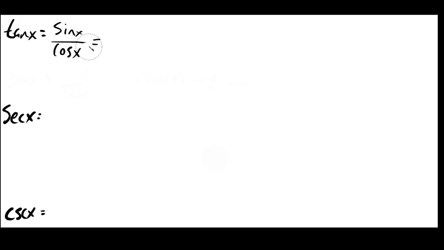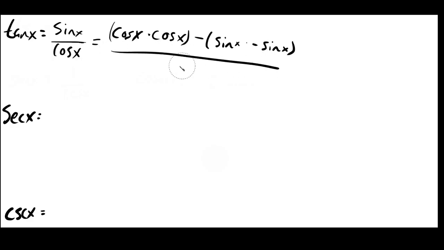Okay, so it's a fraction, so you're going to use quotient rule. Low d high minus high d low over low squared.